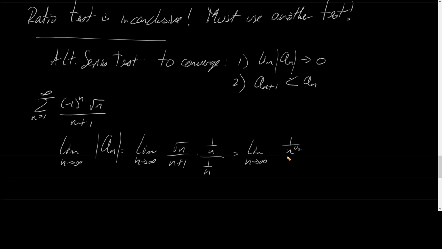Subtract the exponents: 1/2 minus 1 is -1/2, which is a positive exponent on the denominator. On the bottom, distribute the 1 over n, and we end up with 1 plus 1 over n. Since n is going to infinity, this goes to 0, that goes to 0, so we have 0 over 1 plus 0, which is 0.